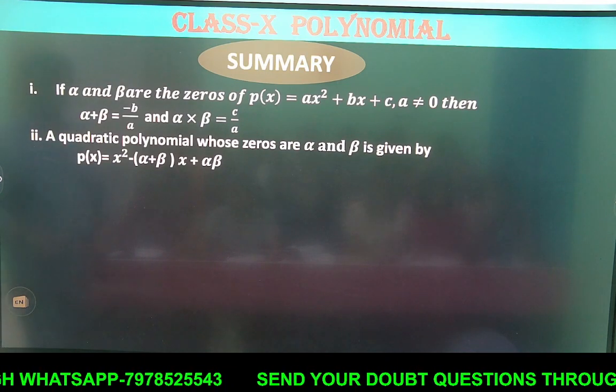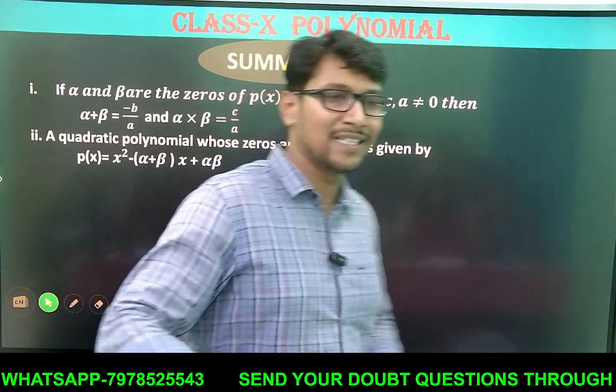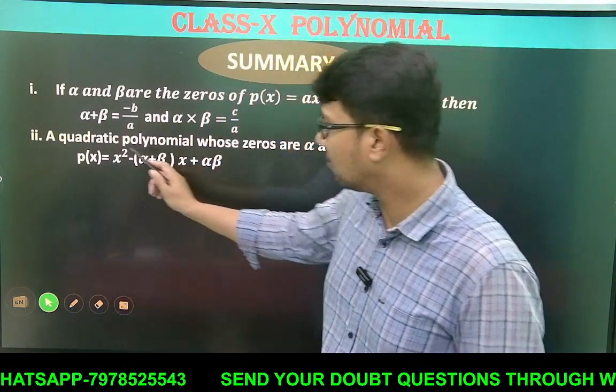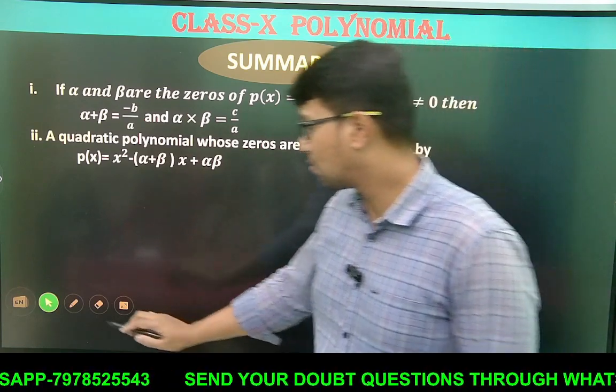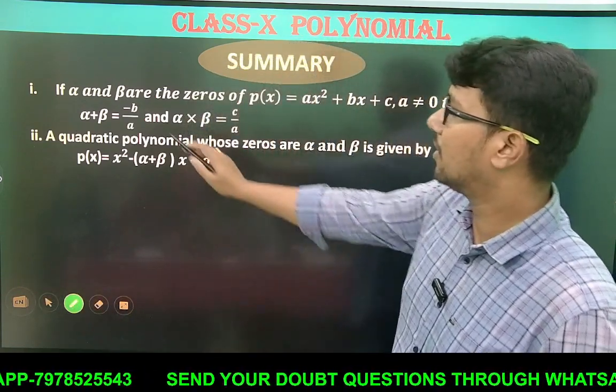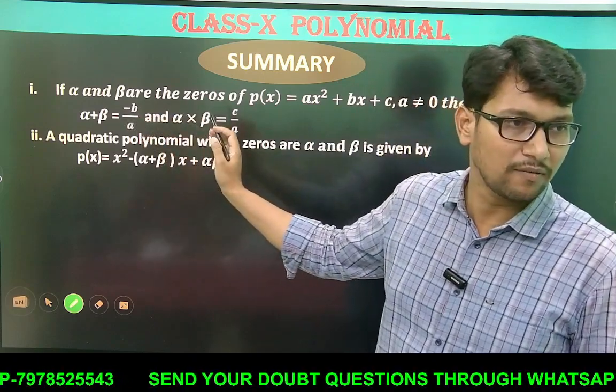Dear students, listen. He had asked me, sir, how did you get this one? Where did you get this one? Right? I have shown you. We have derived the relation. Relation we have derived or not?